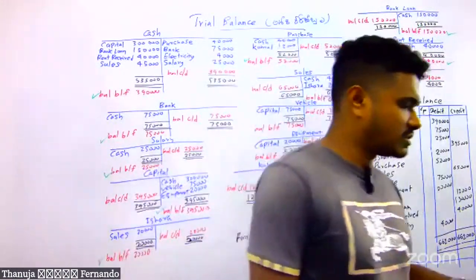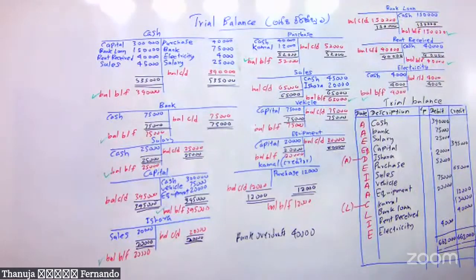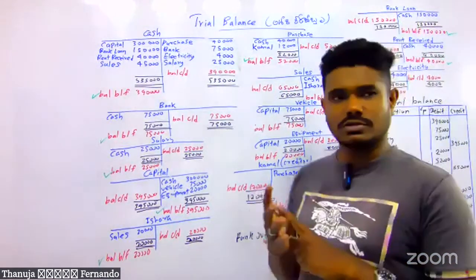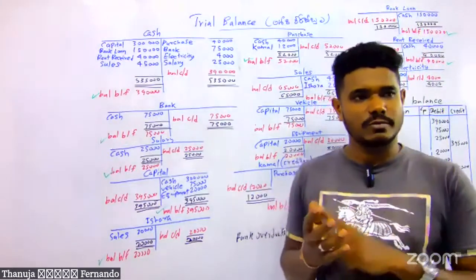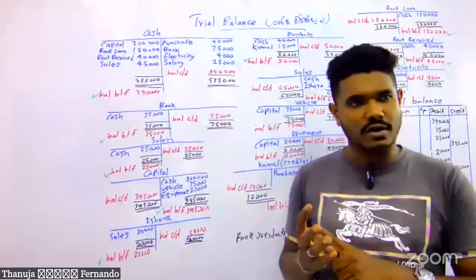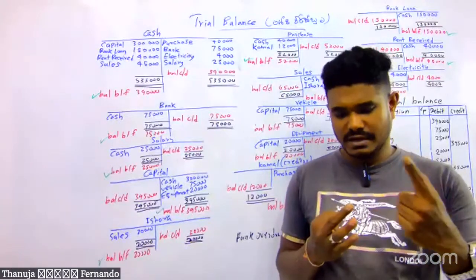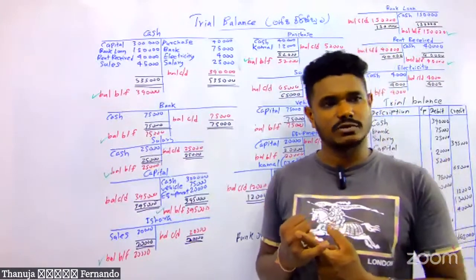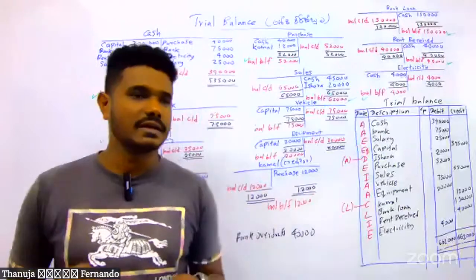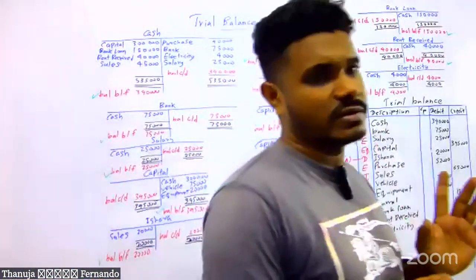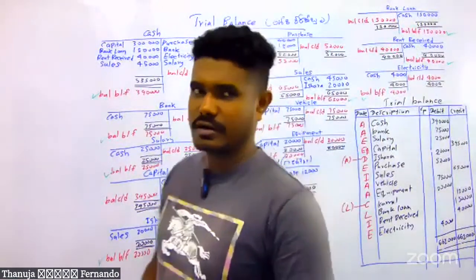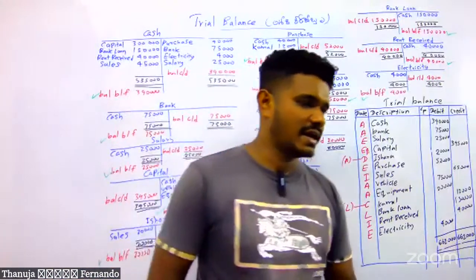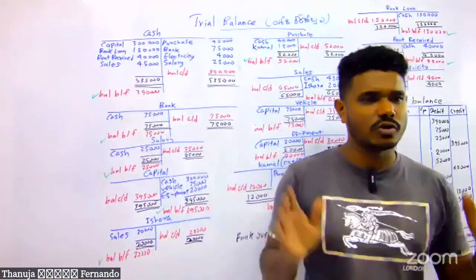Using the transactions, you have to prepare prime entry books, including the cash account, purchase journal, sales journal, and relevant ledger accounts. Then after that, you have to prepare the trial balance. When you prepare the trial balance, you will have an idea. I think now you have an idea about the trial balance, right? Understood, all of you?